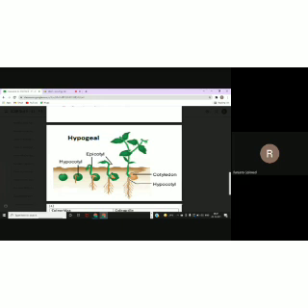The leaves and all these parts are then formed from the plumule, and the radicle goes down and forms the complete root system. This type of germination, where the cotyledons are left below the soil, is called hypogeal type of germination.